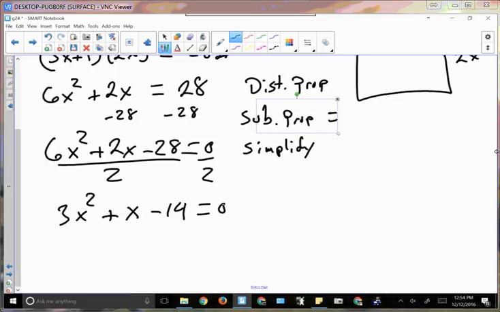What did I do to both sides? Actually, I shouldn't say I can just do this. Division property of equality. How did I get to here? Simplify.